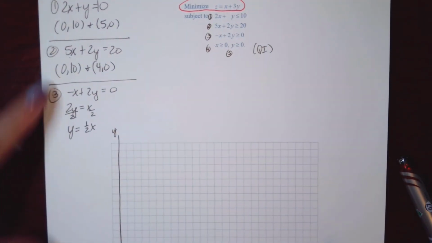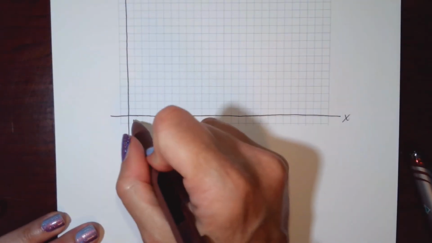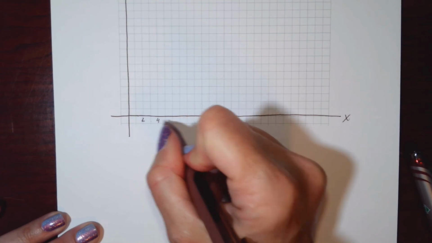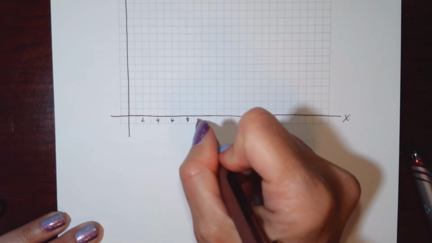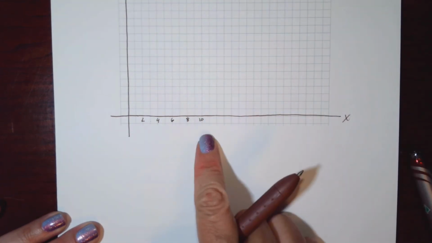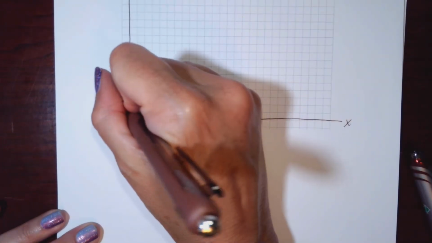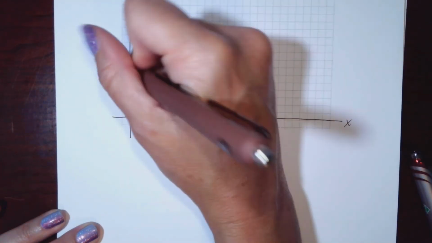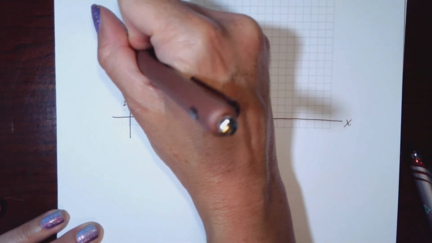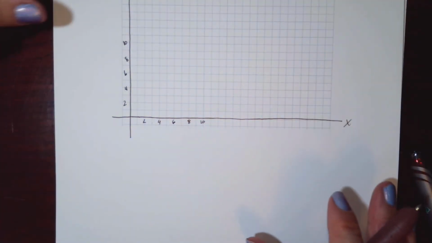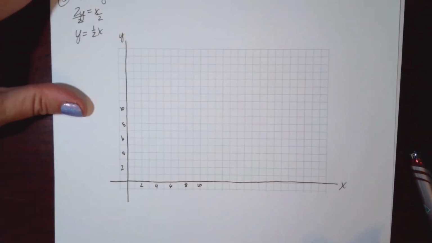Looking at these point values, I can count by 1s. That's not going to be a problem. So if I count by 1s, 1, 2, 3, 4, 5, 6, 7, 8, 9, 10, tiny little lines, close together, so I don't worry about trying to write numbers down on each of them. I just want to keep myself straight. I'm not needing to graph beyond 10, so I'm good.